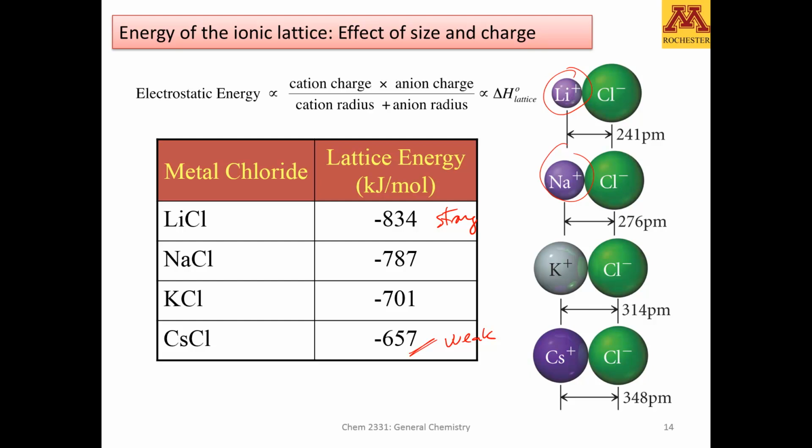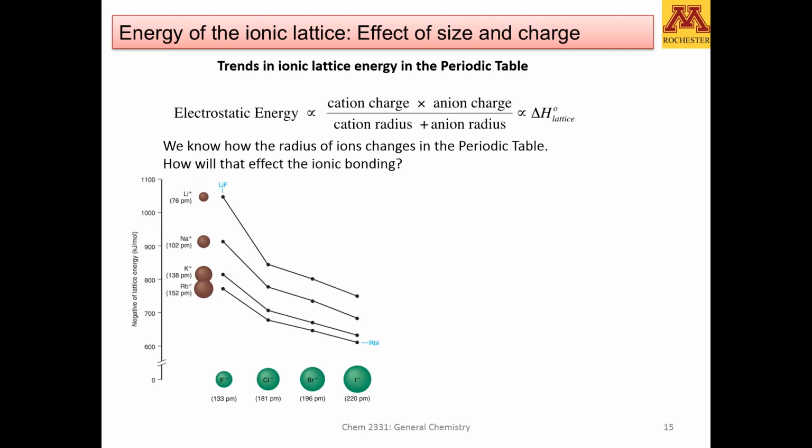Let's look at any possible combinations of cations and anions. When we try to understand how negative or how strong the energy interacting in the lattice is, the largest number is, of course, for the smallest of both cations and anions. And the smallest attraction is when you mix the largest cation in this series with the largest anion.